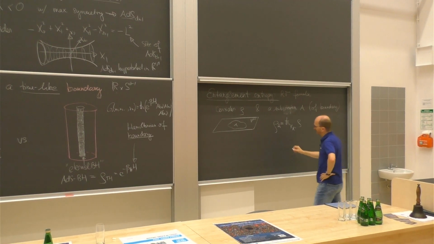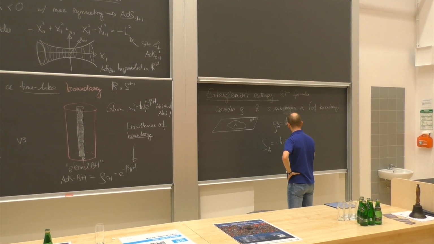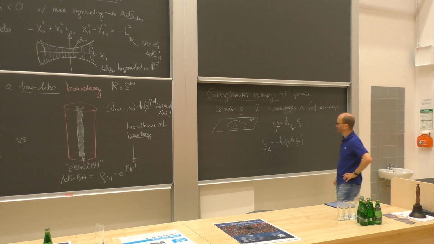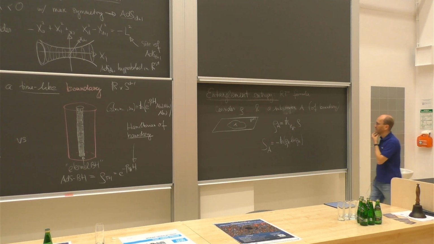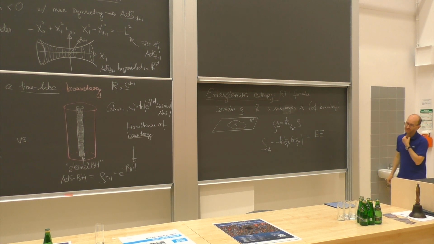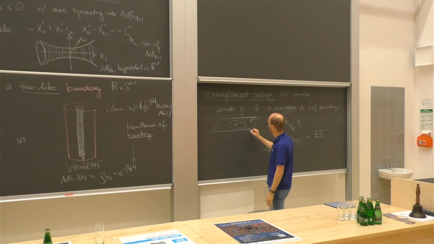And then the entanglement entropy S of the subregion A is just minus the trace of rho_A log rho_A. This is also known as the von Neumann entropy of the reduced density matrix rho_A, but it is also often just called the entanglement entropy, and is of course a measure of the amount of entanglement between degrees of freedom on the inside and degrees of freedom on the outside.